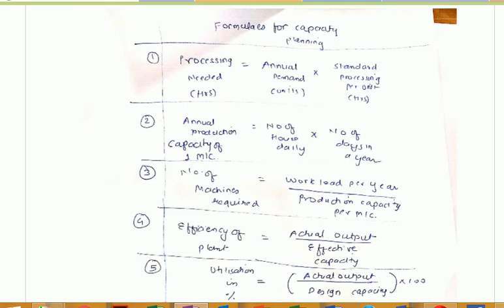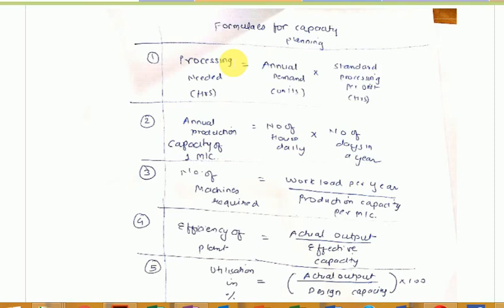Now, many times in the questions of capacity planning, in numericals, they give you that a company is working for this much hours in a day, and out of 365 days in a year it is working for this much amount of days. Means they give you the number of working days, say for example 270, 285, 290 out of 365, and in a single day how many hours it is working.